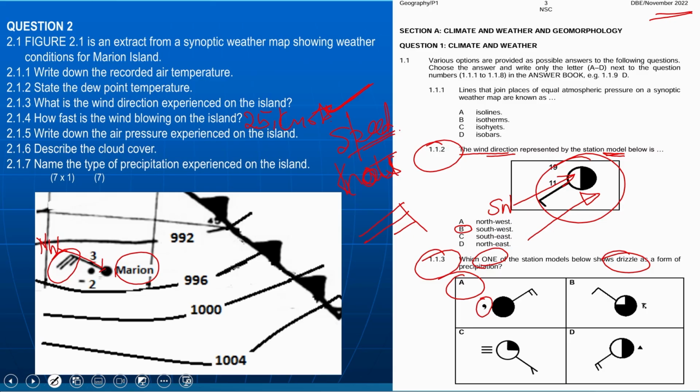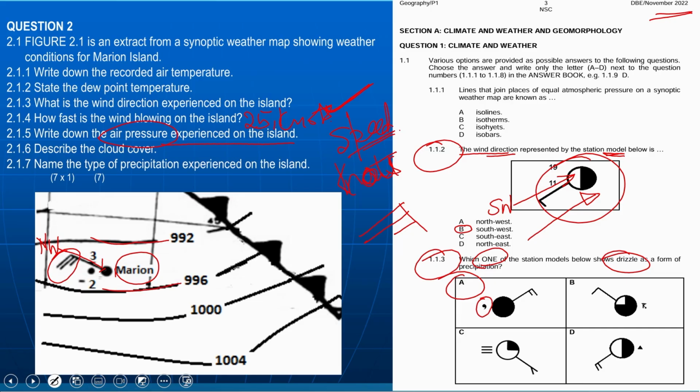Now, write down the air pressure on the island. This one is not really part of today's lesson, but as a learner who is revising and getting ready for exams, I'll tackle it. Look at this. That is your isobar, and this is your isobar.